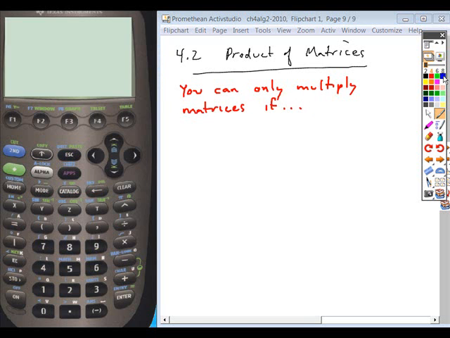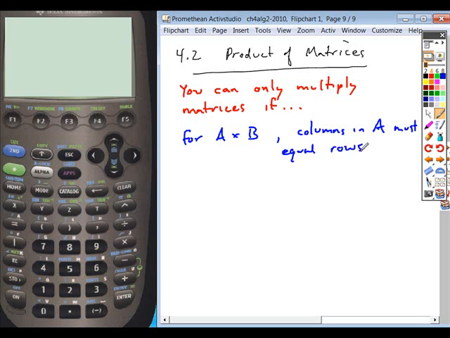That special condition is that the number of columns in the first matrix that you're multiplying has to be equal to the number of rows in the second. This is the only way that you can multiply two matrices.